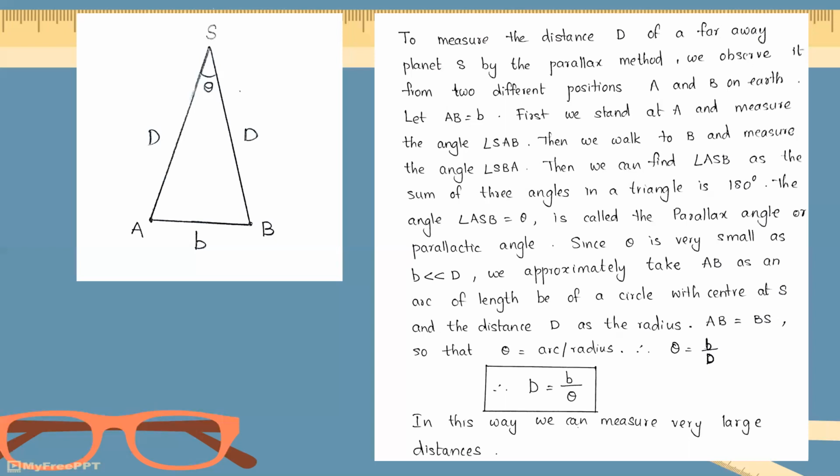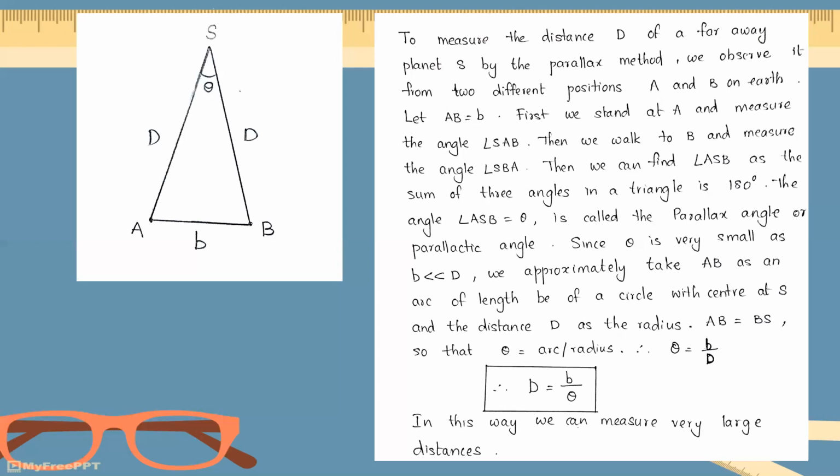Once again, I tell you in simple words, take a planet, for example, the moon, assume it at the position S, observe from a position A on the surface of the earth, walk a little distance on the surface of the earth up to capital B, let AB be equal to small b. Imagine S as the center of a circle, small b as the arc of a circle, capital D as the radius of the circle, and we know the value of theta.